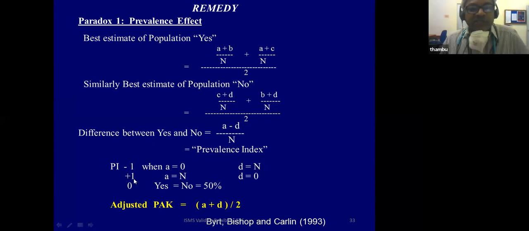The prevalence index could be +1 when A is equal to n and D is equal to 0. The prevalence index is 0 when yes is equal to no is equal to 50%, when the marginal totals are almost the same. The prevalence adjusted kappa is (A plus D) divided by 2.